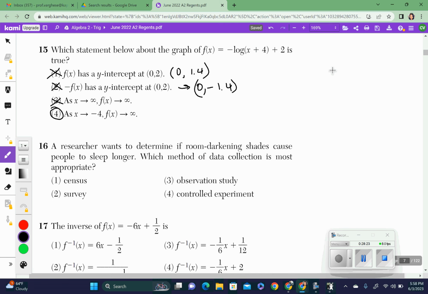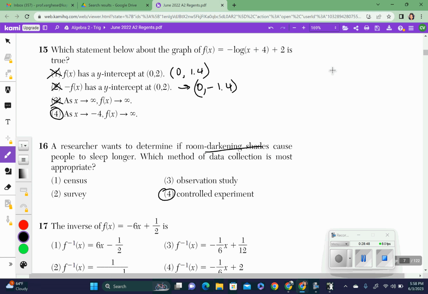Okay. Question number 16, room darkening. We want to see if something affects something else. That can be done with a controlled experiment. We're not going to do a census and count how many people there are. We're not going to do a survey and say, hey, do you have room darkening shades and does it cause you to sleep longer? They're not going to really know.